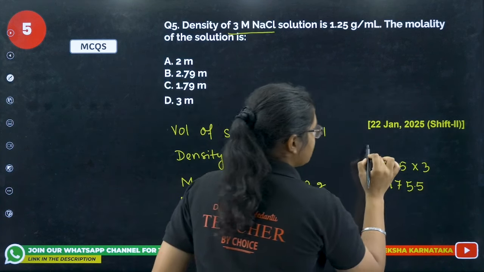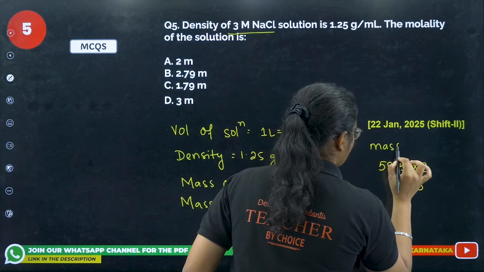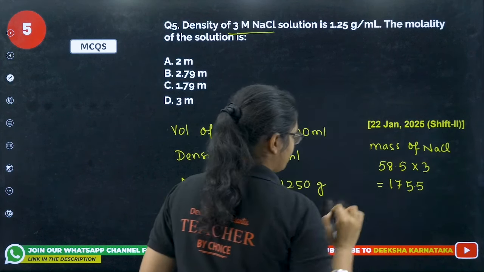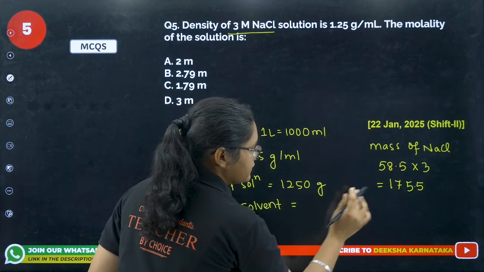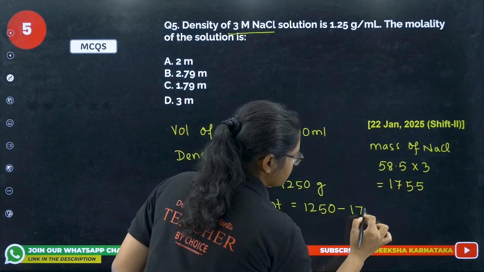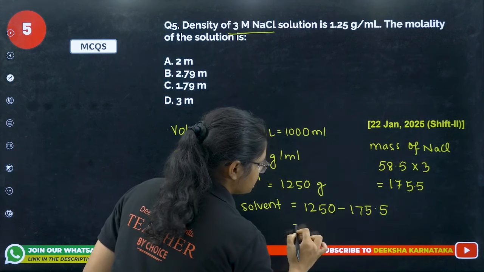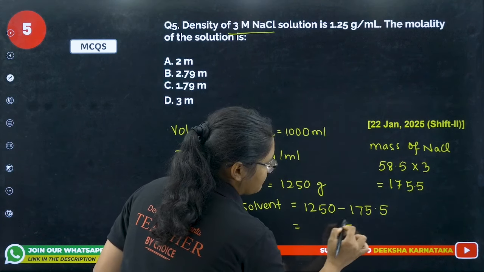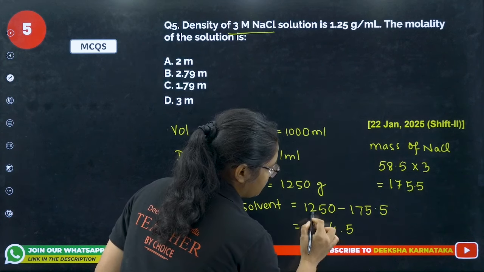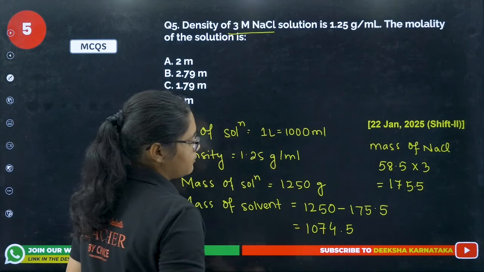So I can say that mass of NaCl is 175.5. So what is the mass of the solvent then? This is the mass of the solute, total mass of the solution 1250 minus 175.5. So I have 10 minus 5 5, 9 minus 5 4, 14 minus 7 7, then here it will be 1 minus 1 0, 1074.5.